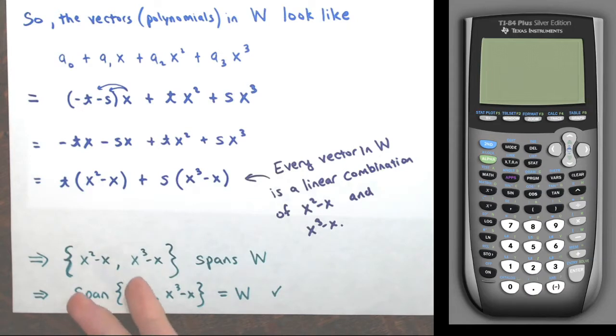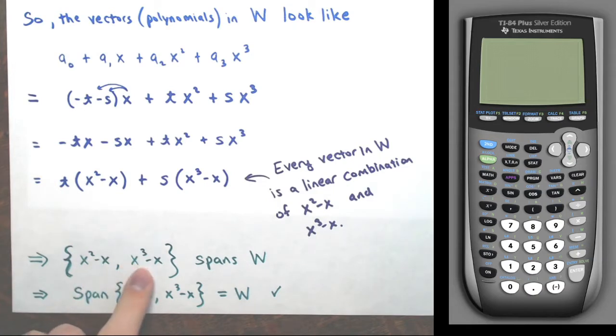So these are independent. But another quick check too is, remember, when you have a set of only two vectors, they're independent if they're not scalar multiples of each other, right? If one can't be written as a scalar multiple of the other. And yeah, you could multiply this by any scalar you want, and you're not going to get an x cubed term. So you can't write this second vector as a scalar multiple of the first vector, and vice versa, right?